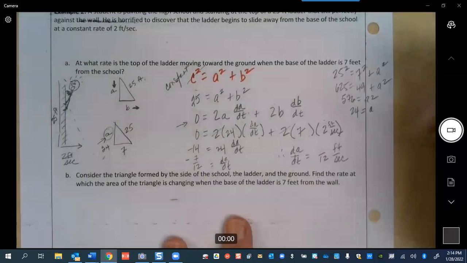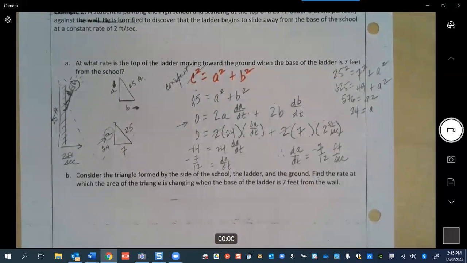Yeah. So this is growing, what's happening to this? It's decreasing. As my ladder that's against the side of the building is falling, this is decreasing, this measurement's increasing.